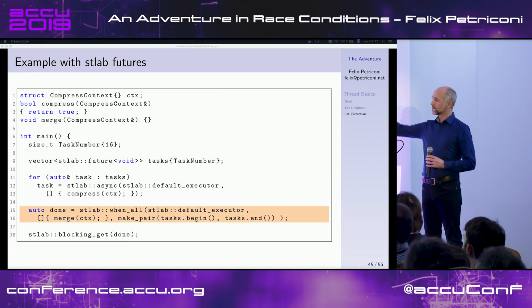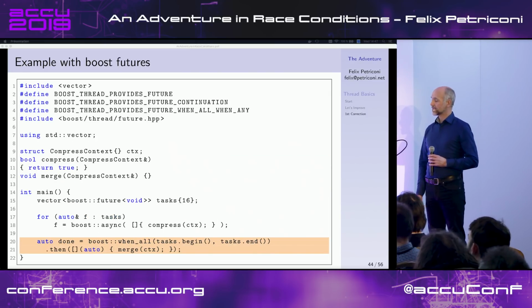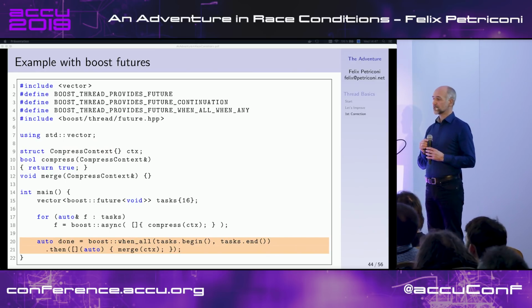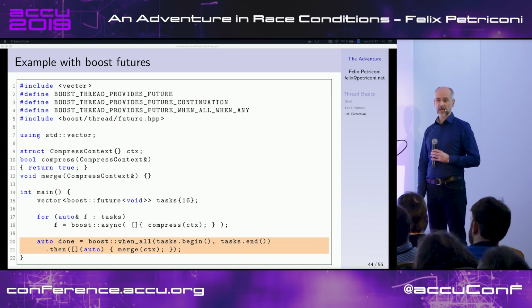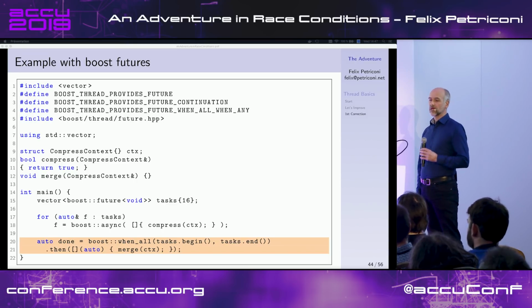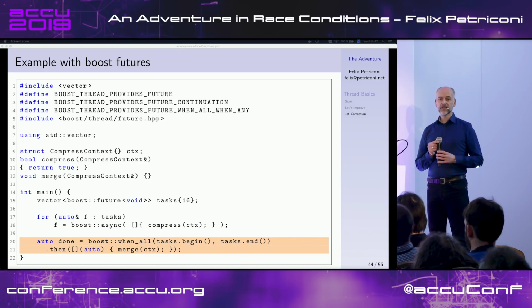Okay, and this, I think, is much, much easier. It's easier to read, and it's easier to reason about, and it's much, much harder to make errors on this side. So I really can highly recommend, don't try to implement your own synchronization primitives if you don't really have to.